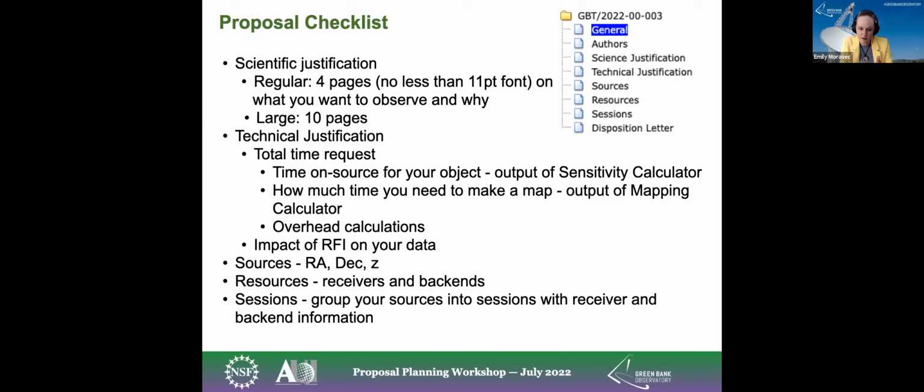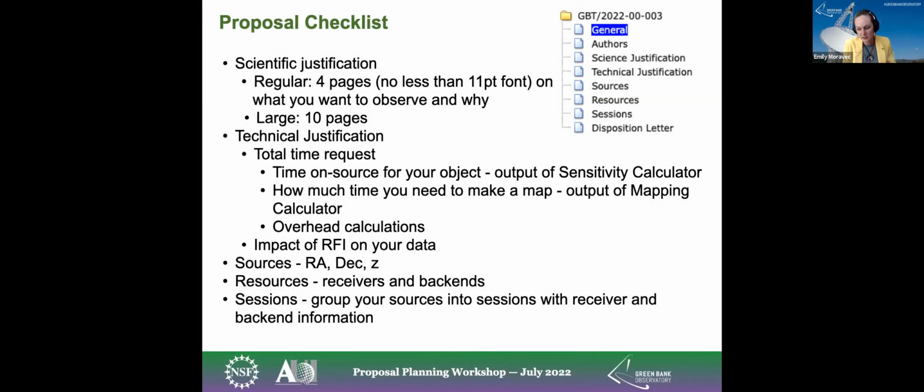You also need to know the RA, index, and redshift of most of your sources. For the resources section, you'll have to know what receivers and backends you're going to be using. And then for sessions, you'll need to group your sources into sessions with receiver and backend information. That's what gets translated into scheduling on the GBT.